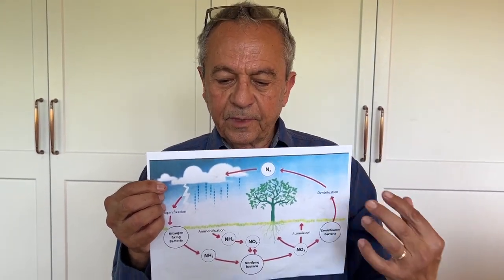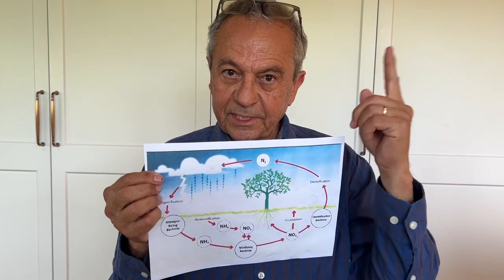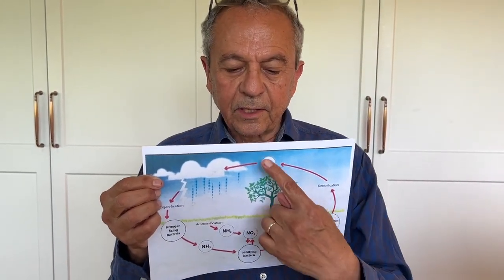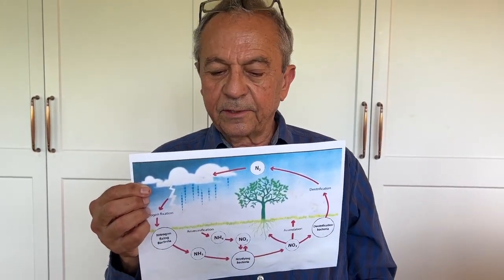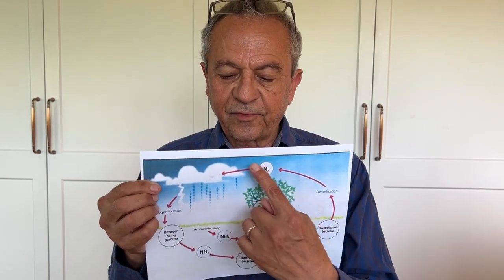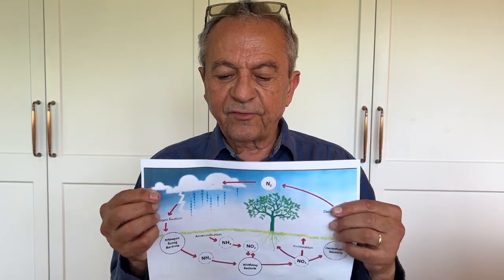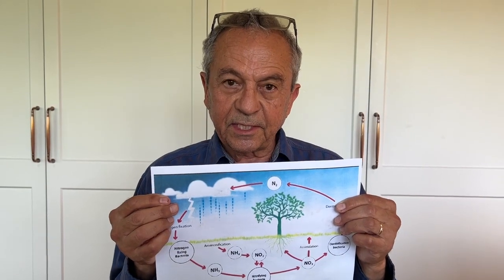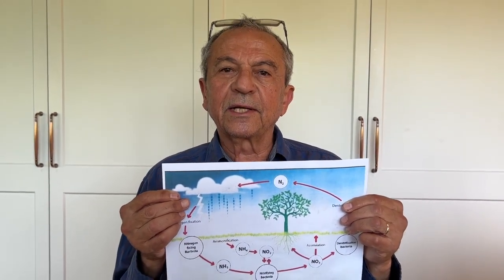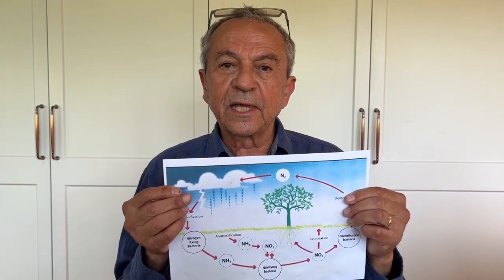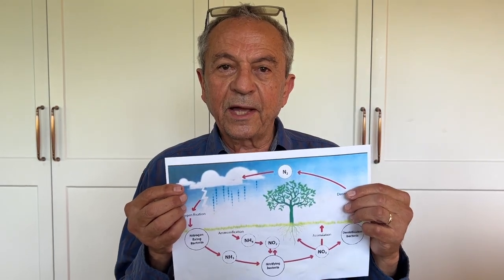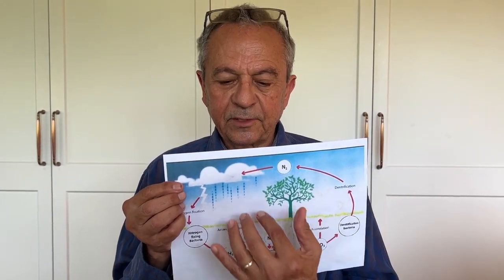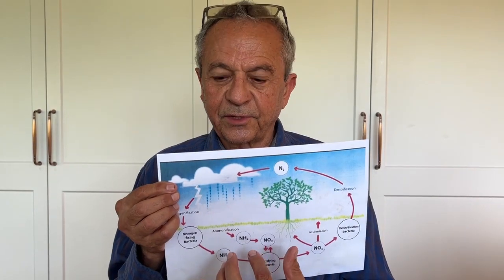Okay, so according to the natural nitrogen cycle, nitrogen gets into the soil from the air by means of precipitation when there's a thunderstorm. So the electric current and the heat it produces will force nitrogen and oxygen to combine, forming nitric oxide. This will dissolve in water and fall down in rain.